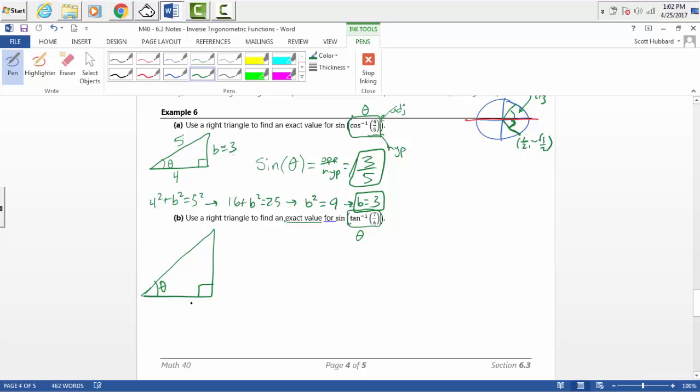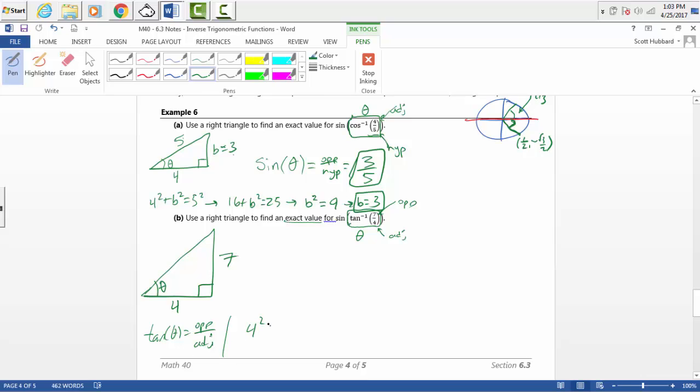Here's my theta, and tangent of that theta is, remember, opposite over adjacent. And they told me that it's 7 over 4. So that tells me 7 is the opposite and 4 is the adjacent. Just like last time, let's solve for the hypotenuse.